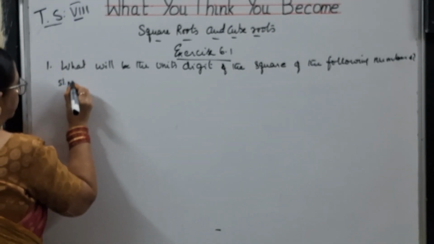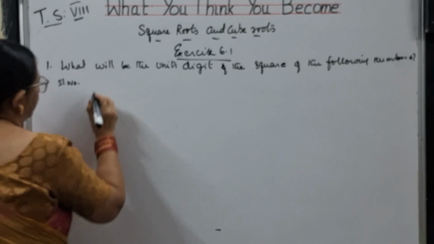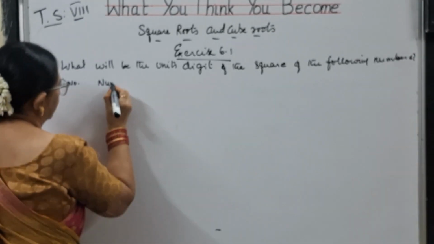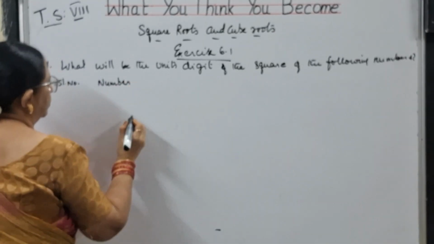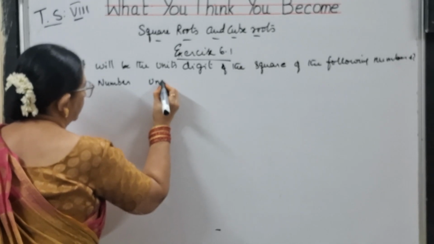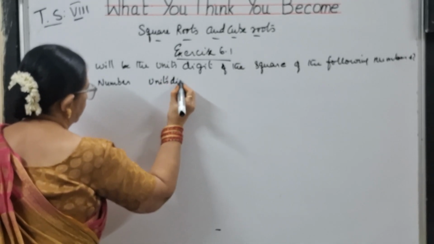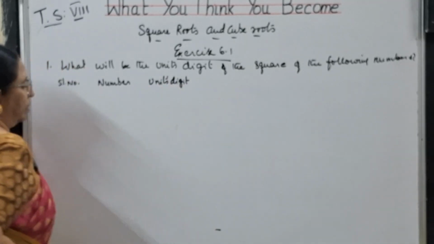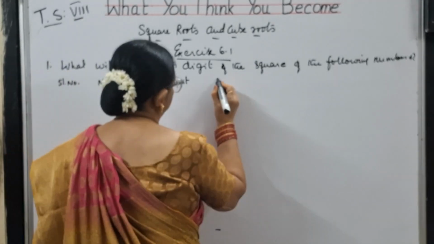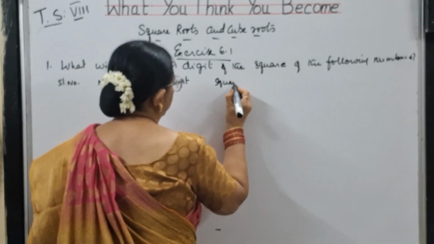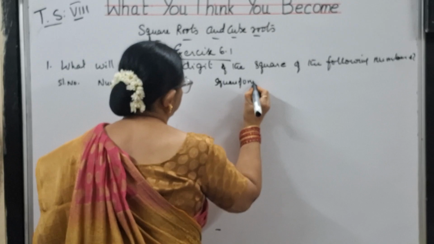So first let me write serial number and what is the number given to you and what is its units digit. In the given number, what is the units digit? And the next one, square of units digit.